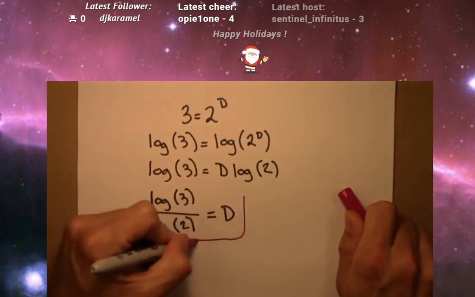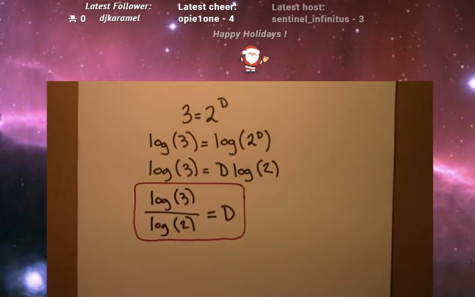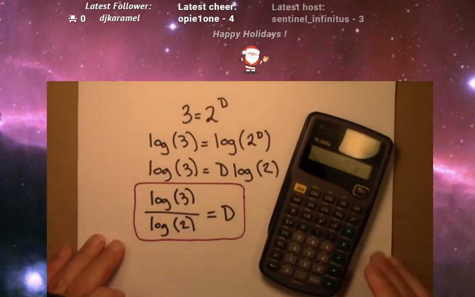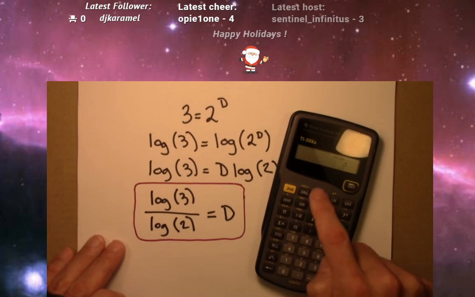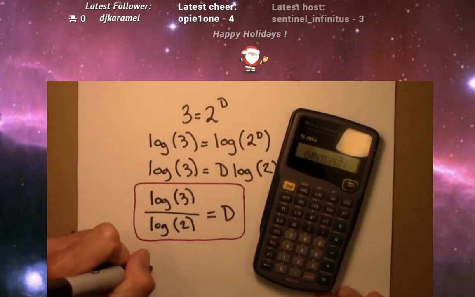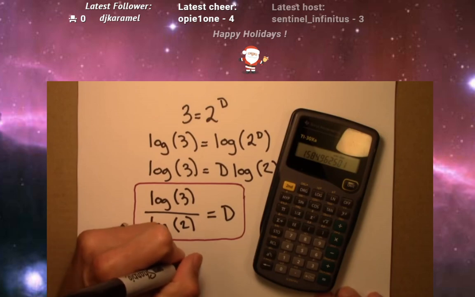So there's our answer. I got a calculator. The dimension of the Sierpinski triangle is log 3 over log 2. And we can get an approximate decimal value for that from a calculator. So log 3 divided by log 2 equals, and I get that d is about 1.5. So that's like halfway between 1 and 2.